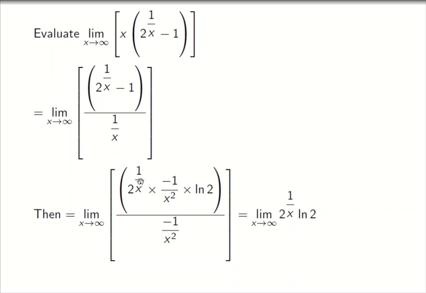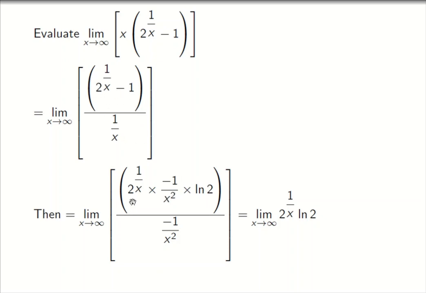L'Hopital is saying that if I want to use his rule, I have to differentiate the top, which is the differential of an exponential function. I have a video on that too, if you want to know how you prove it, you can go and watch. But you just write the same function back, differentiate the top here, and multiply by it. The differential of this is minus 1 over x squared, then times ln of the base here.